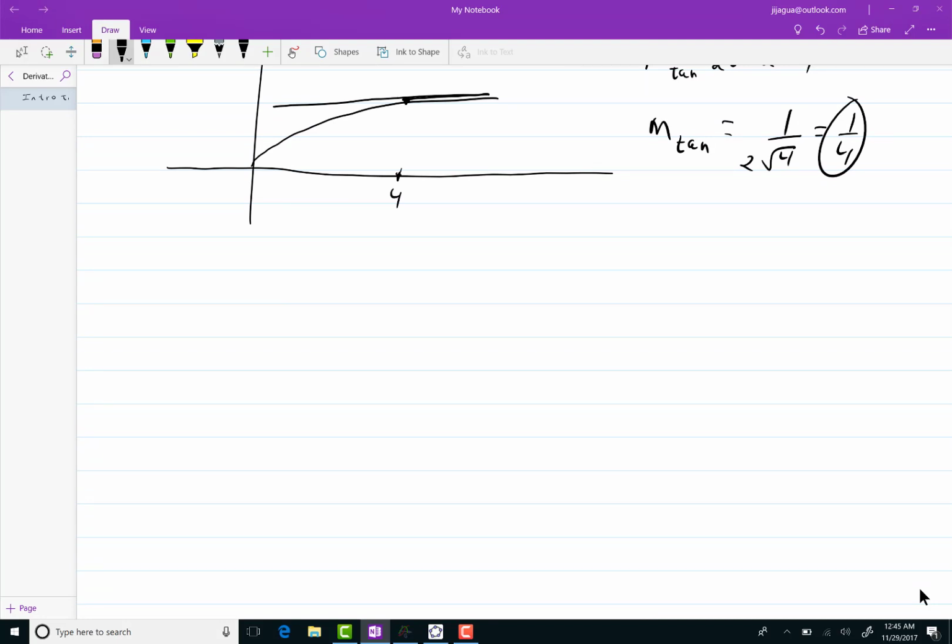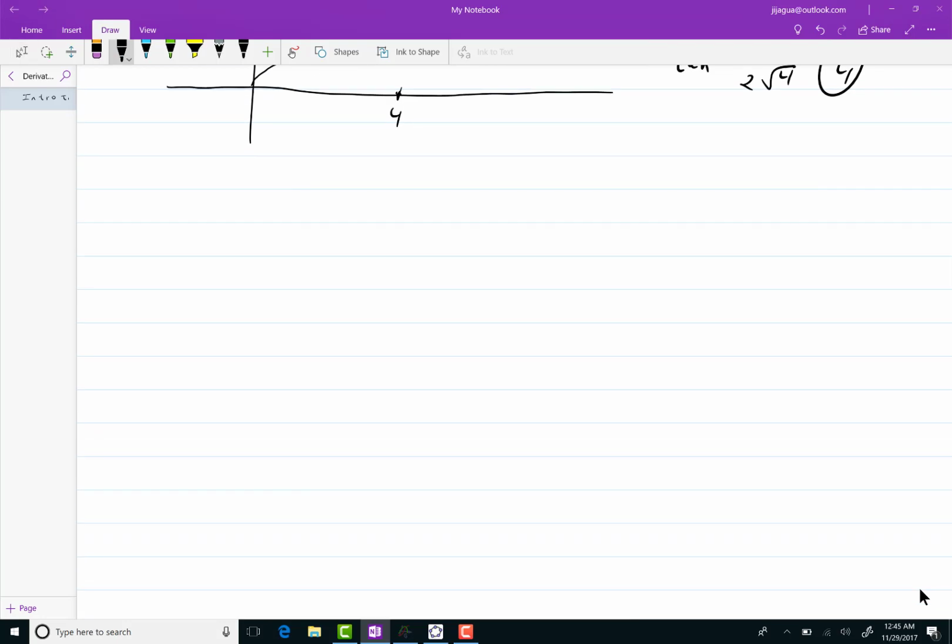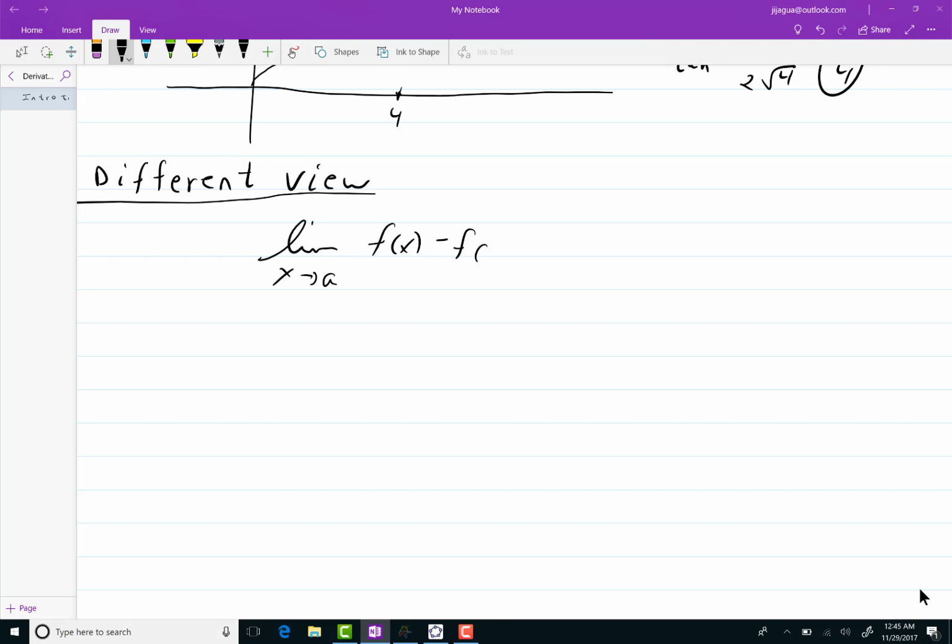Now, different view. If you look at the limit as x goes to a of f of x minus f of a all over x minus a, we have a preferred format that looks a little bit different than this.